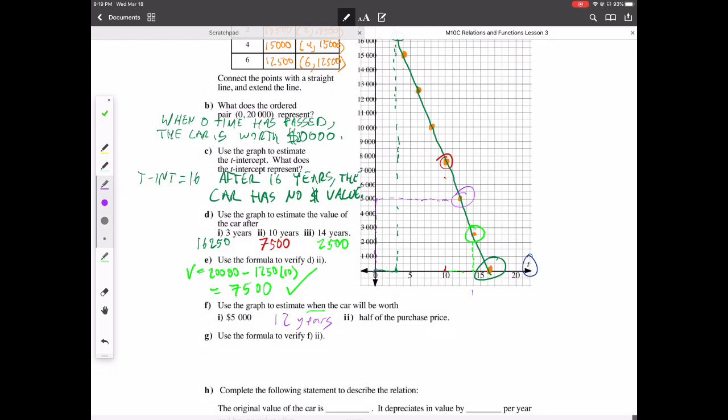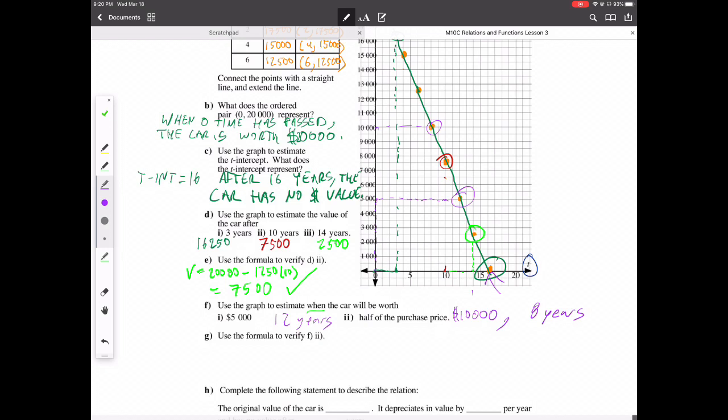If I want half of the purchase price, well, half of the 20,000 is 10,000, so I'm looking for when it's worth $10,000. At $10,000, I can follow up here, come across, and it looks like that's going to occur after 8 years. That would stand to reason with what we found here, where we said that when it went from its full value of $20,000 to its value of $0, it took 16 years.